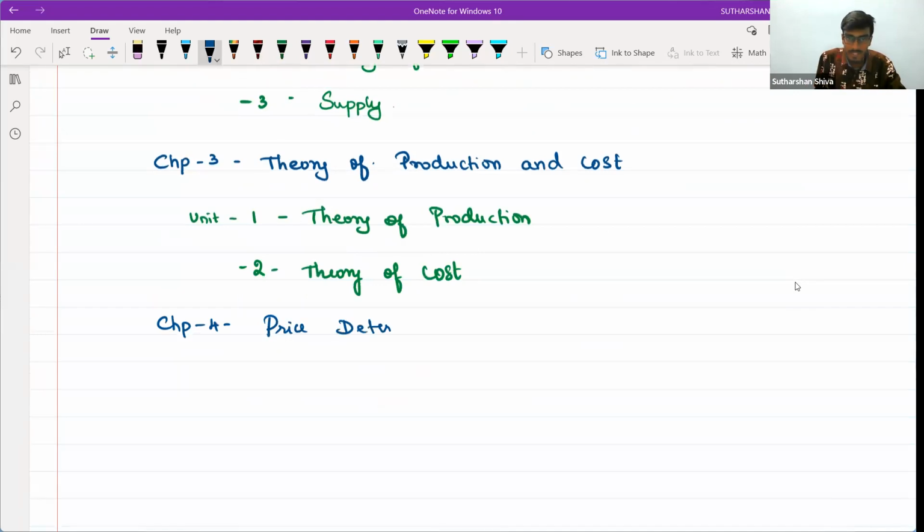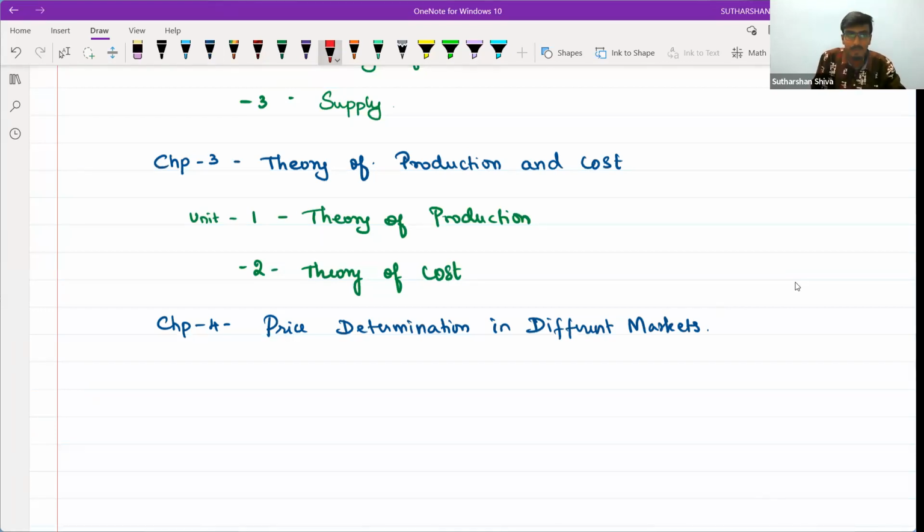Chapter 4 is price determination in different markets.